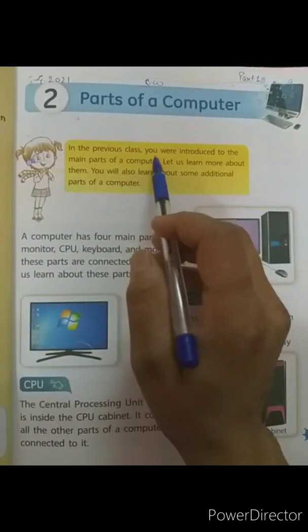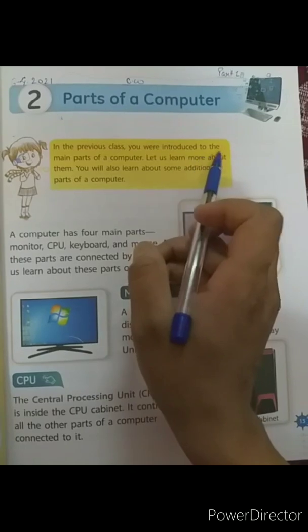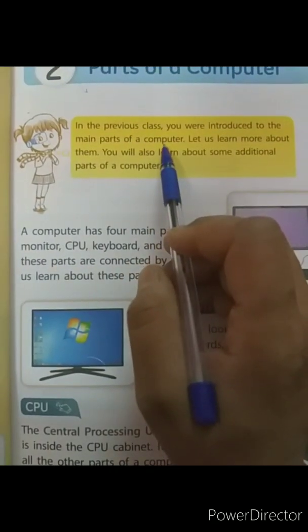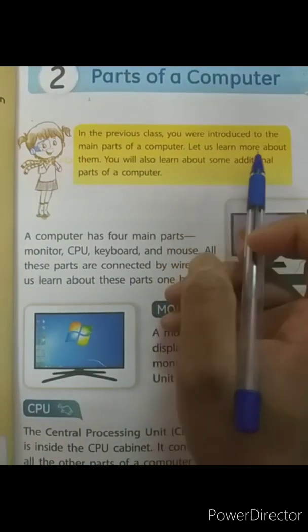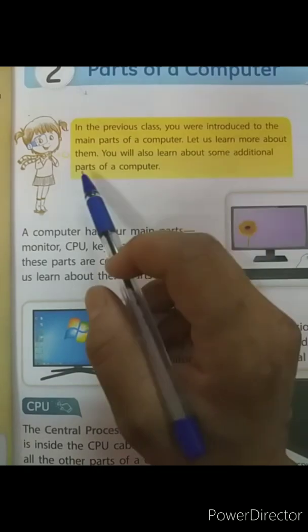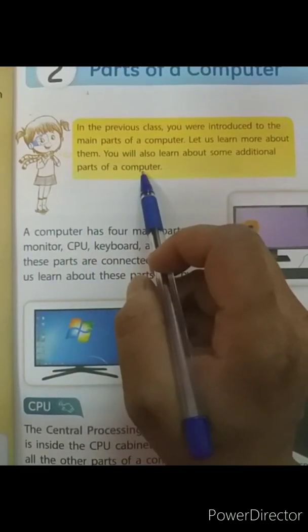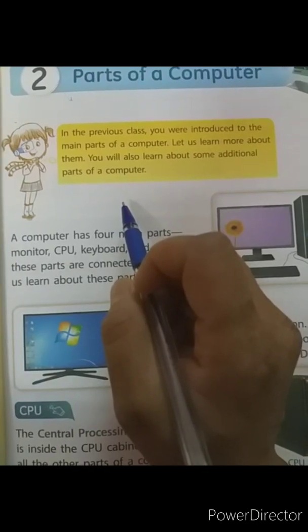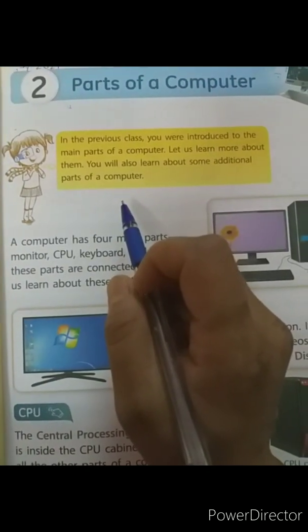In the previous classes, you were introduced to the main parts of a computer. Let us learn more about them. You will also learn about some additional parts of a computer. In this chapter, we will learn the main parts of a computer.